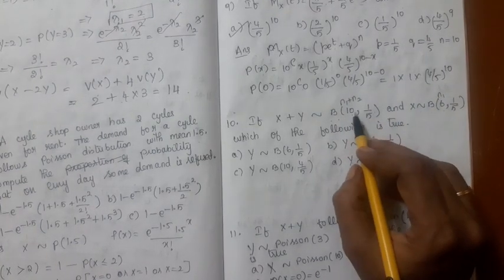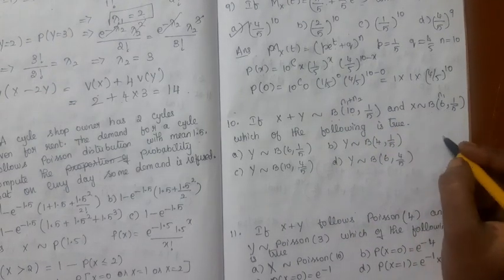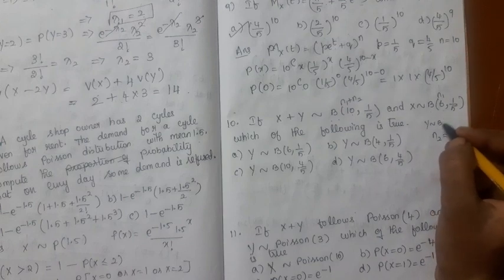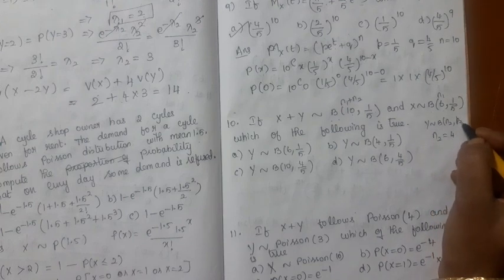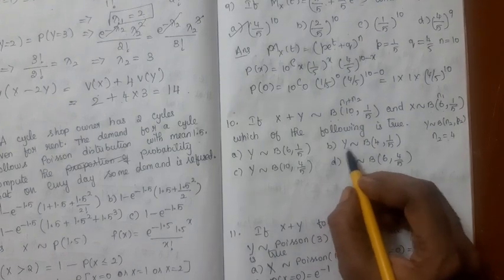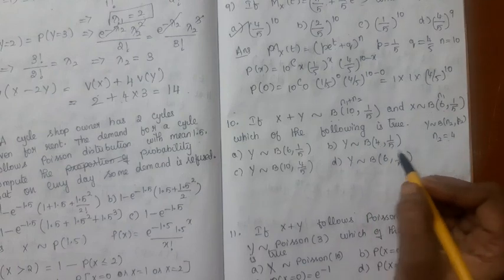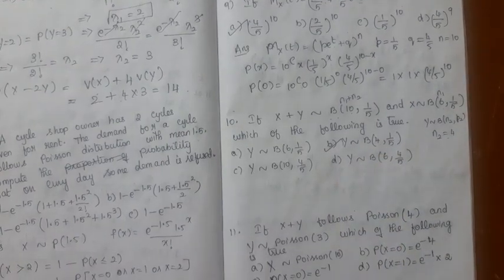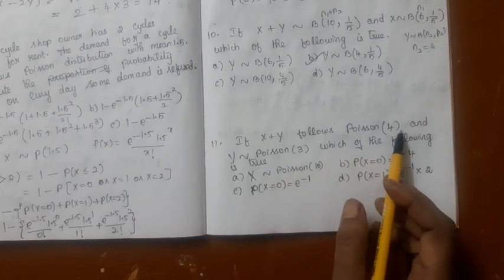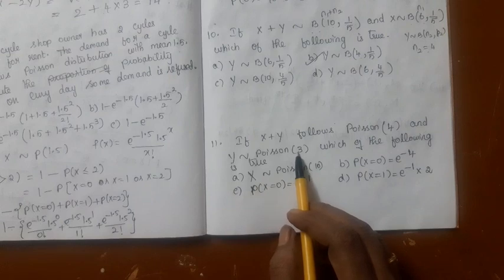So what should be n2? If n1 plus n2 is 10 and n1 is 6, n2 should be 4. So if y follows binomial distribution with parameters n2 and p2, your n2 is 4. So y follows binomial distribution with n2 equal to 4 and p equal to 1 by 5 is the right option.